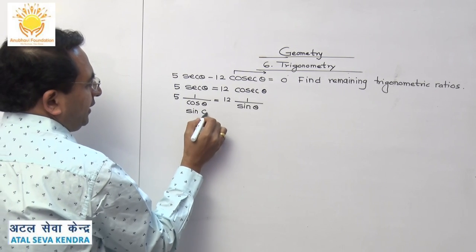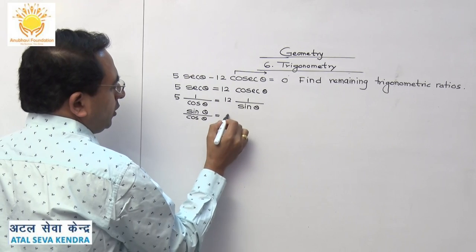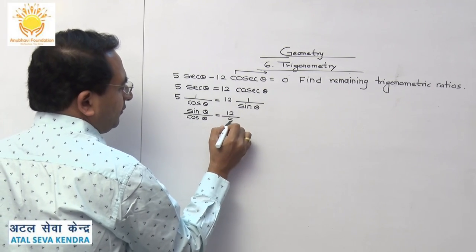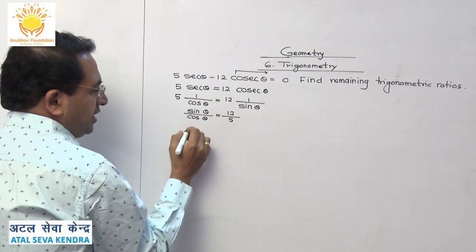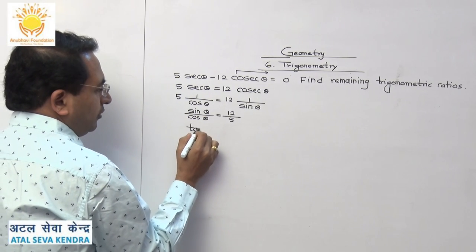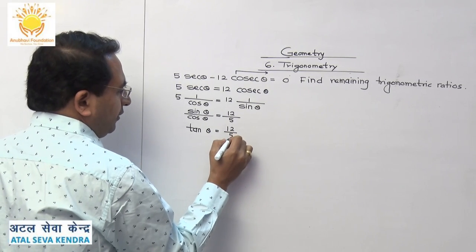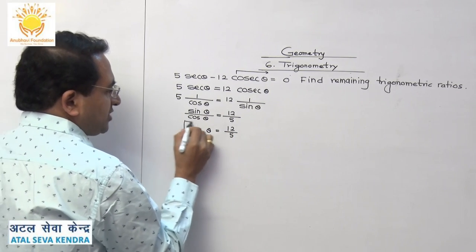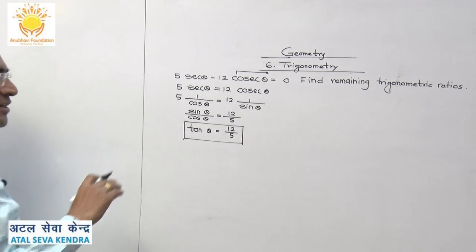So sine of theta upon cos of theta is equal to 12 upon 5. But you know sine upon cos is nothing but tan of theta.